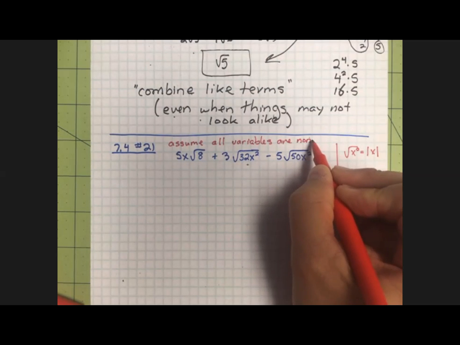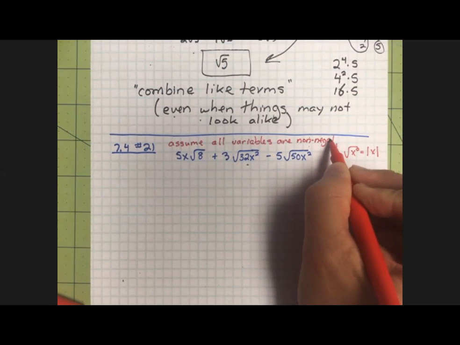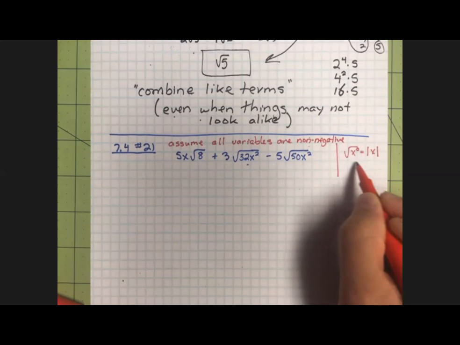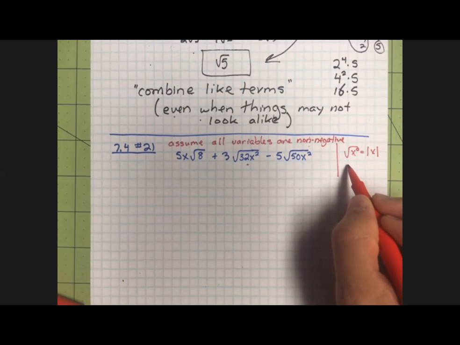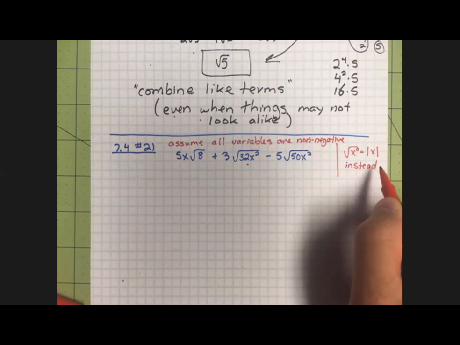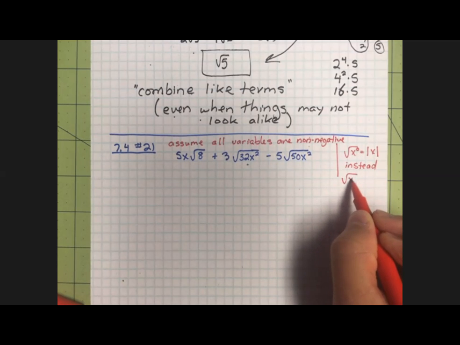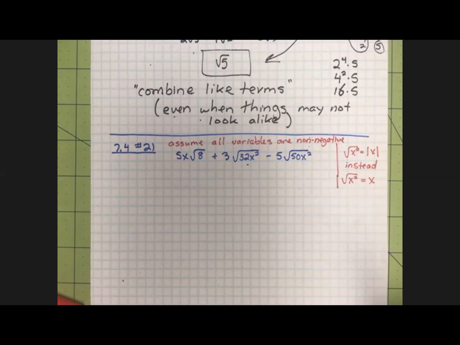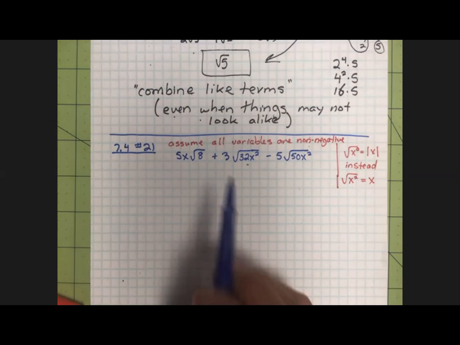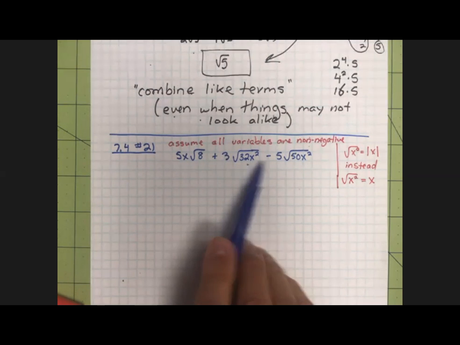That's just a fancy way of saying not negative. So I don't have to write the absolute value of x. Instead, I'm allowed to go simpler and just say square root of x squared is x. Where am I going to use it? I'm going to use that on this x squared here and this x squared here.